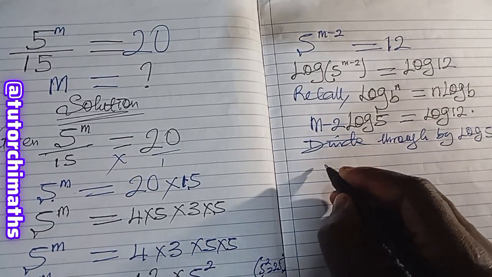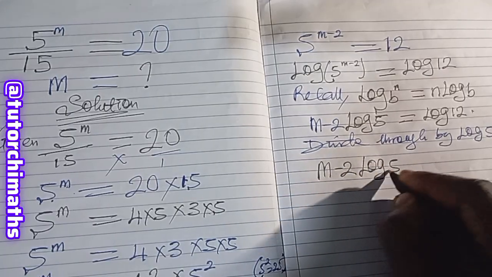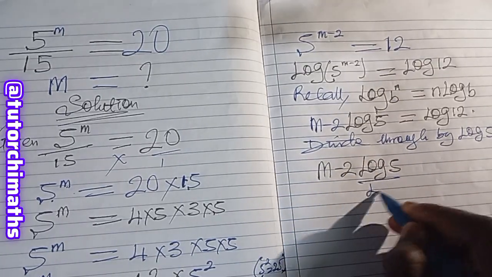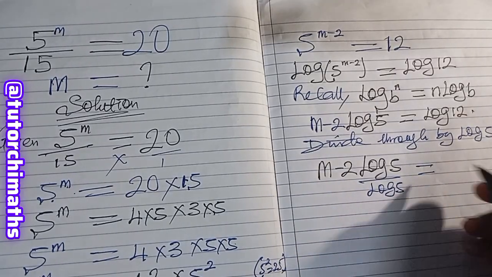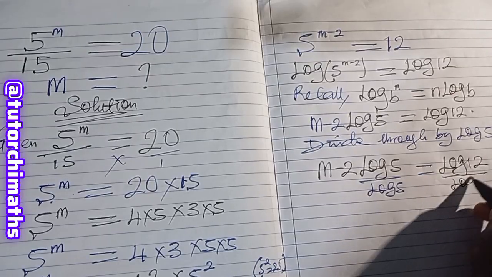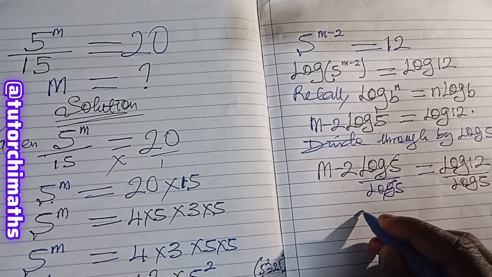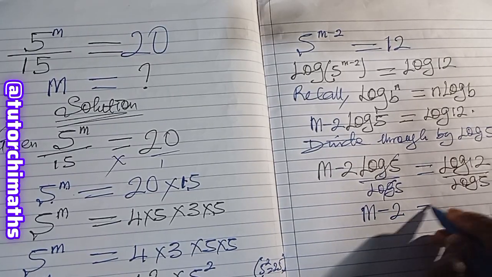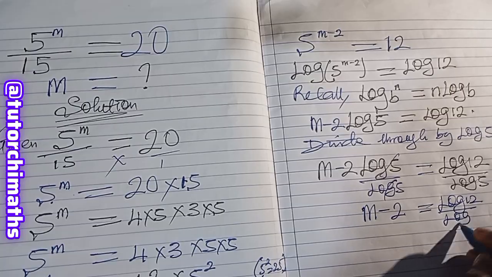Okay, so I can have m minus 2 log 5 divided by log 5 is equal to log 12 divided by log 5. So this can cancel. We now have m minus 2 is equal to log 12 divided by log 5.